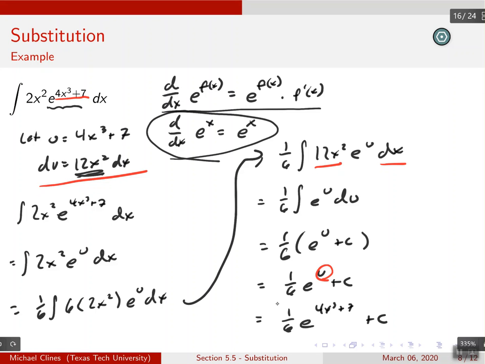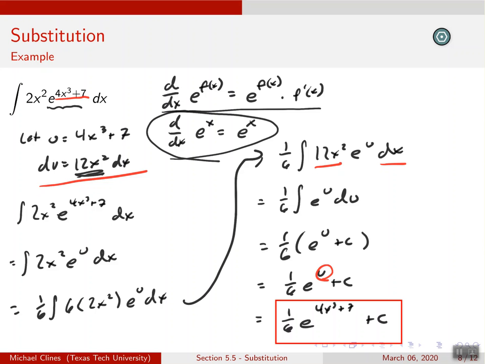Now, I might be a little hand-wavy in multiplying the constant by another constant, but I'm always careful of tacking on that plus c. That plus c has to be there. Whether you write 1/6 c, 17c, pi c, it really doesn't matter. As long as you have that c there representing that integrating constant, you're good to go.